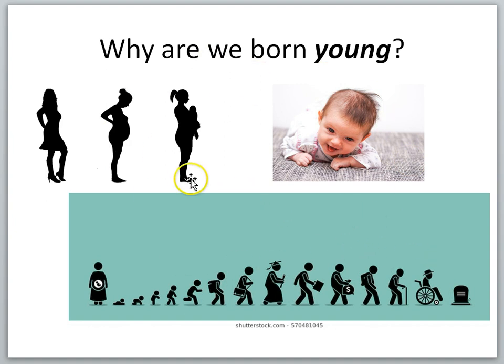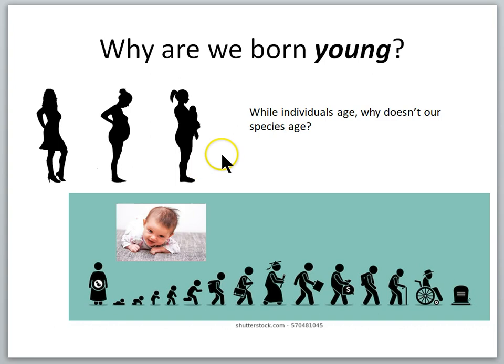So there's something that's rejuvenating each generation, that human offspring are born young. Yet individuals will age and die, but generations don't seem to age. There's some kind of rejuvenating process that goes on in the act of reproduction. So while individuals age, why doesn't our species age?